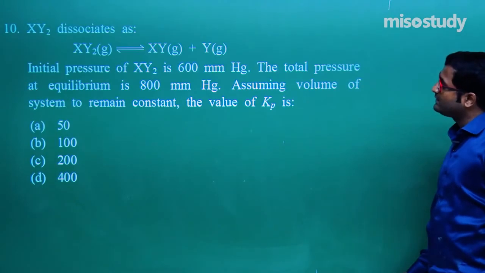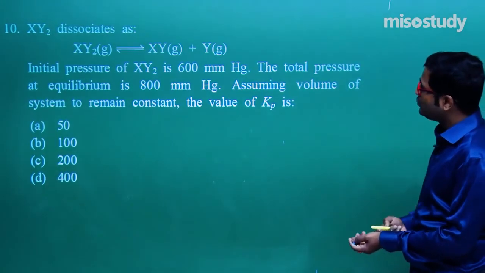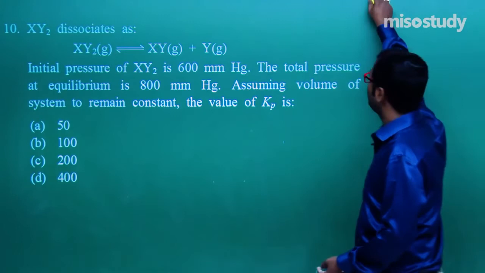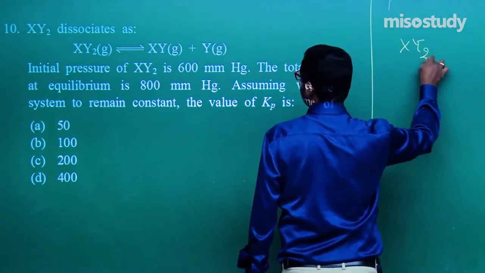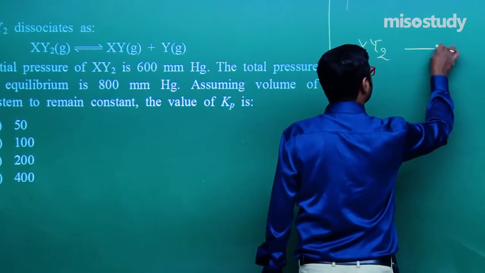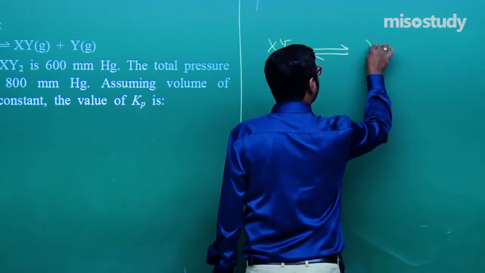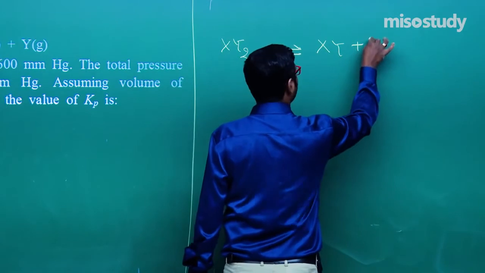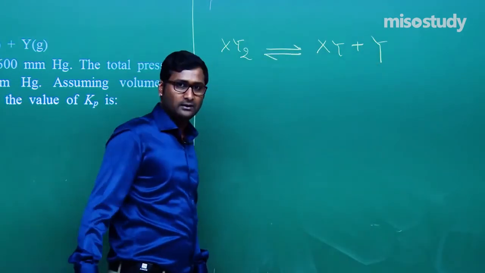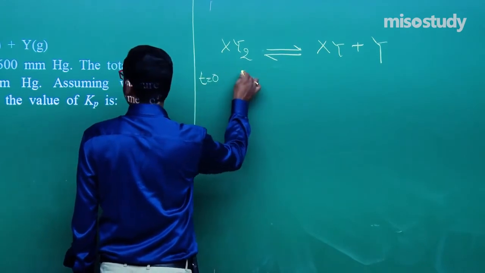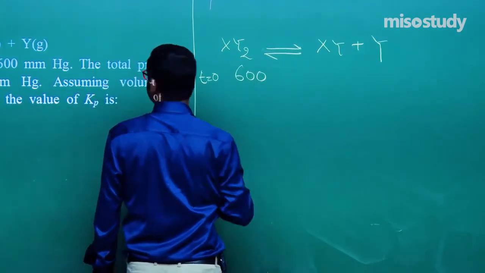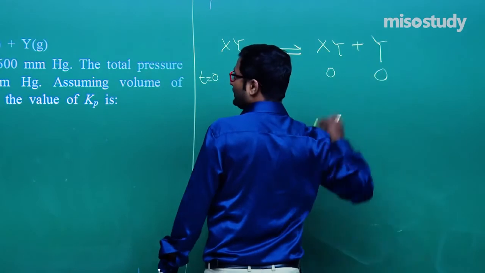Now the next one is XY2 with initial pressure. Let me write down the expression once. XY2 gives you XY plus Y. Clear? The initial pressure, that is at T equal to 0, is 600, and the others are 0.